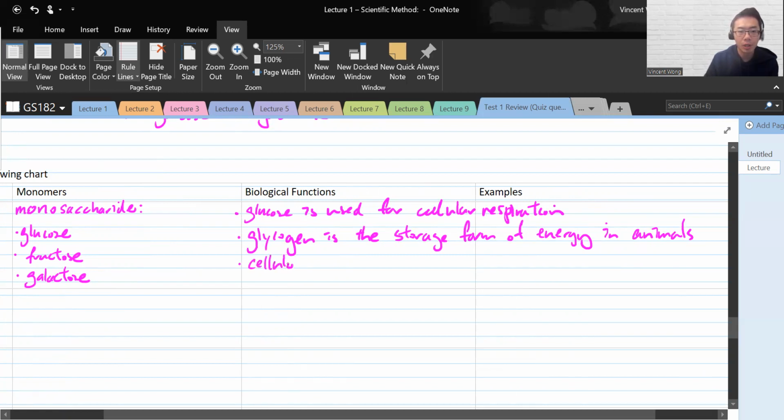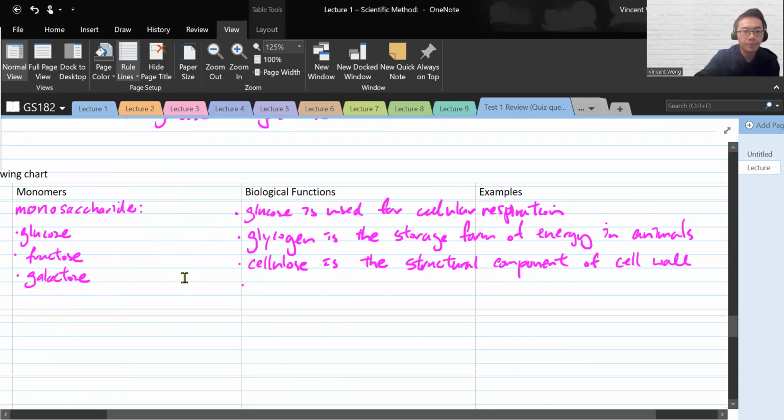We have cellulose, which is the structural component of the cell wall, for example. And does anyone have another one?